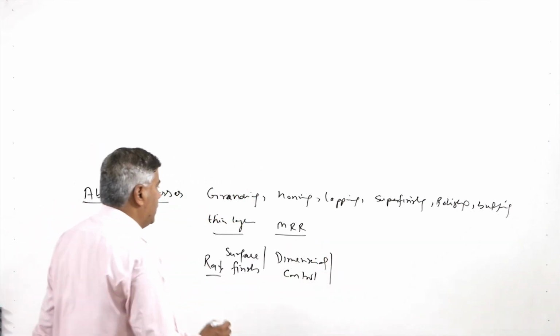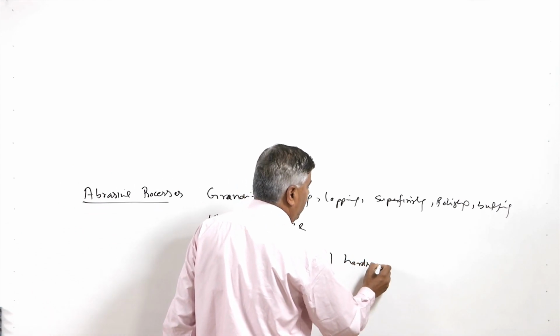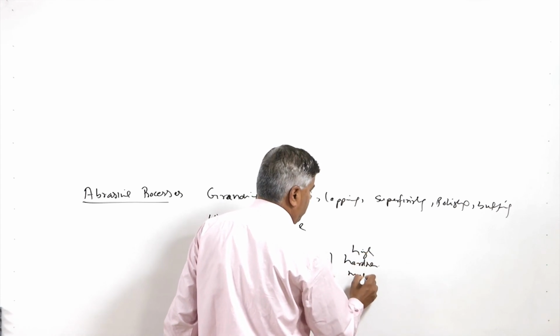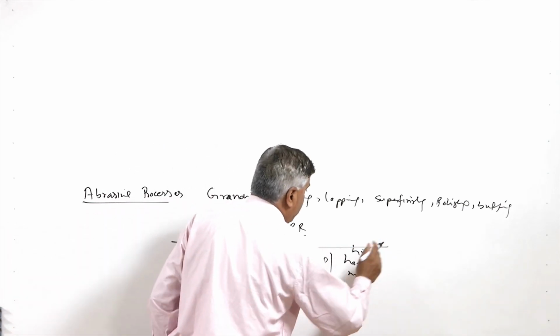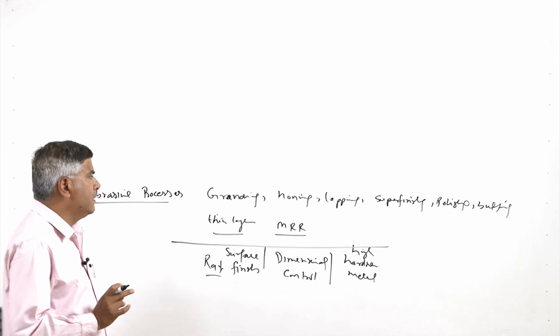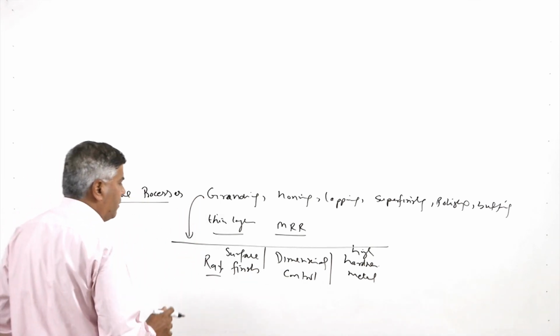The third is the ability to deal with high hardness metal systems. These are the three main advantageous features of the abrasive based processes, or we can say the grinding process, because it is most commonly used.